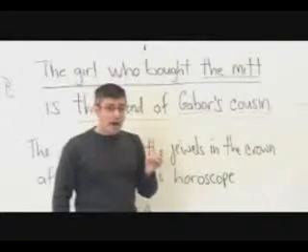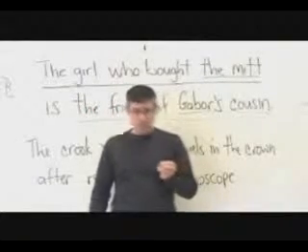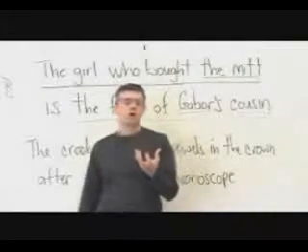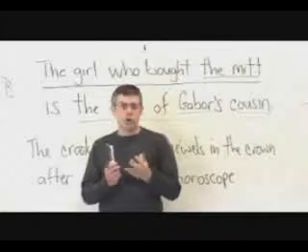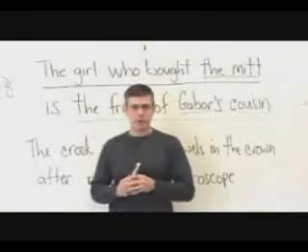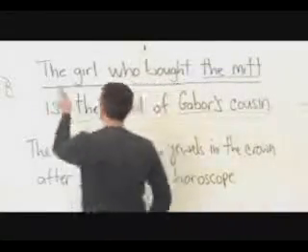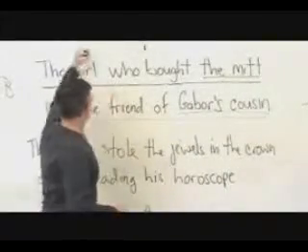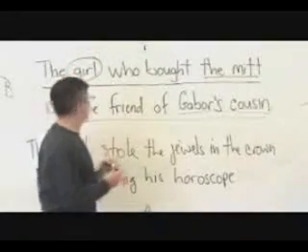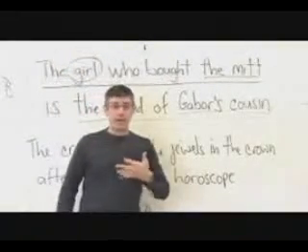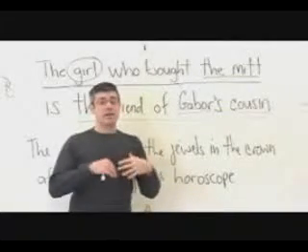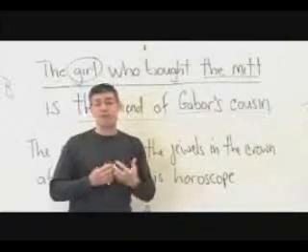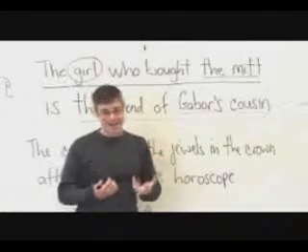Now, noun phrases, nominal phrases, have what are called heads. That is the chief word, the chief noun, the kernel around which the phrase is built. So in this case, the girl who bought the mitt, the head of the phrase is girl. And one way to define a noun phrase is that it consists of a head noun, and everything that modifies that head.